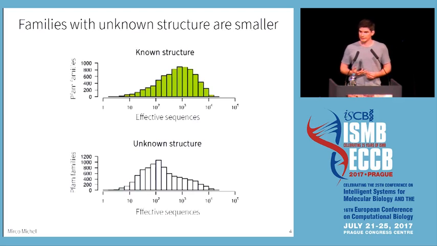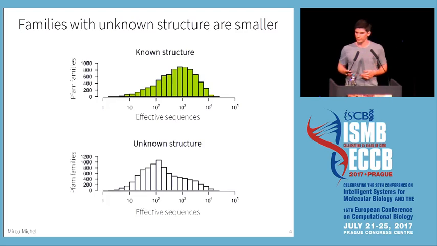The problem is that if you look closer at these alignments, the families that have a known structure tend to be much larger, so they have more sequences in the alignment. And we don't measure this by just counting the number of sequences in the alignment, but rather by taking into account the similarity between the sequences, and this is called effective sequences.